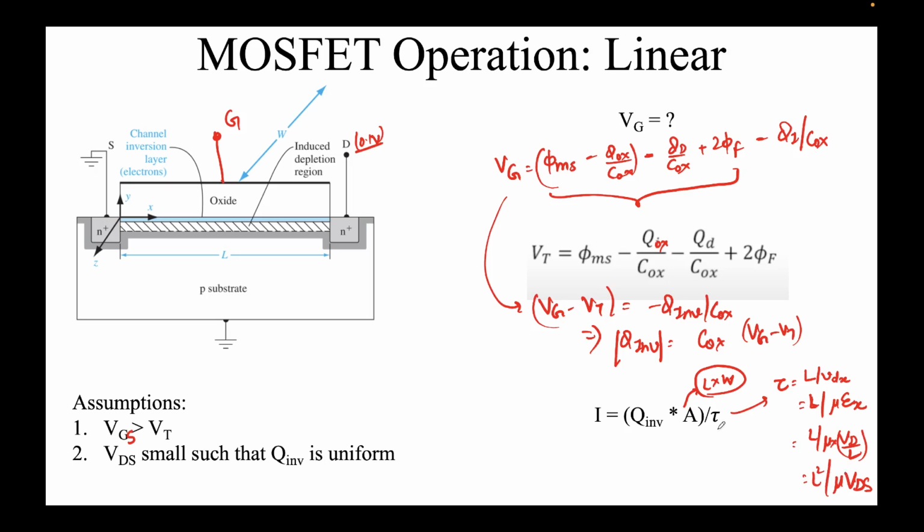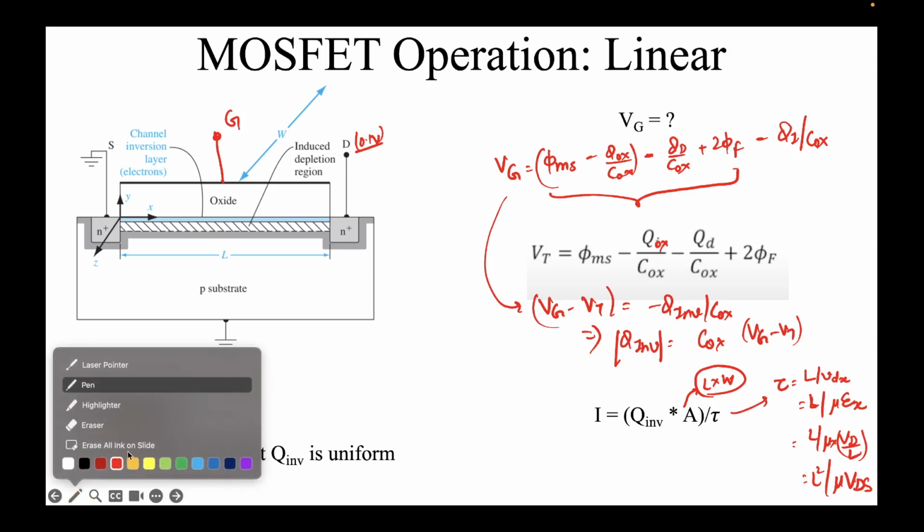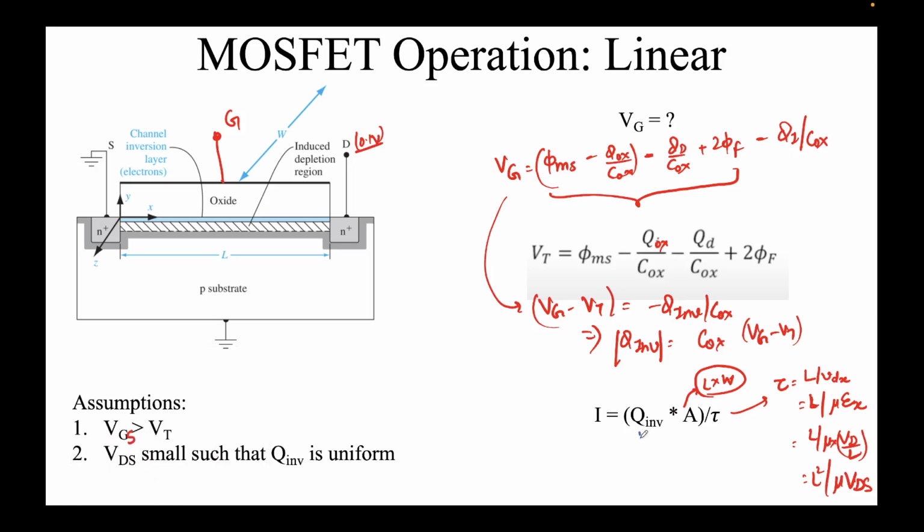Okay, let's put all of these terms here. I'll write in a different color. Now I can write that I equals Q inversion, which is Cox times Vg minus Vt, times area, which is WL, divided by tau. Tau is this L square by mu VDS. One L gets cancelled.